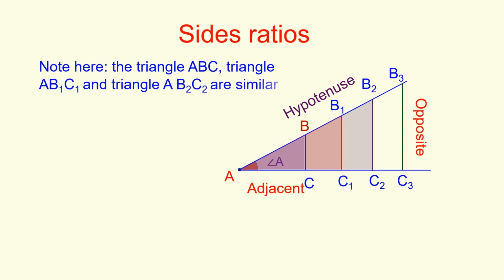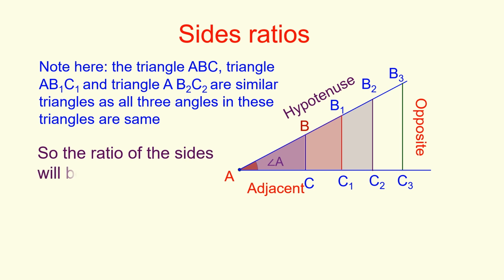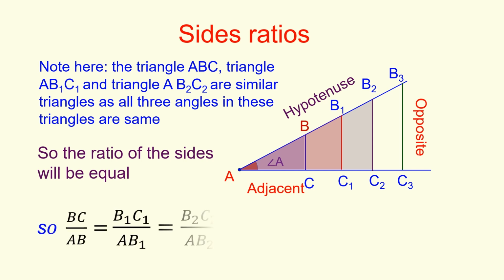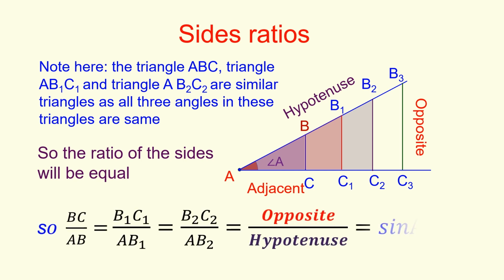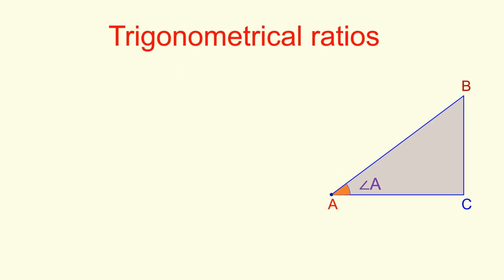Note here the triangle ABC, triangle AB1C1, and triangle AB2C2 are similar triangles, as all three angles in these triangles are the same. So the ratios of the sides will be equal. These are the trigonometrical ratios: sine, cosine, and tangent.